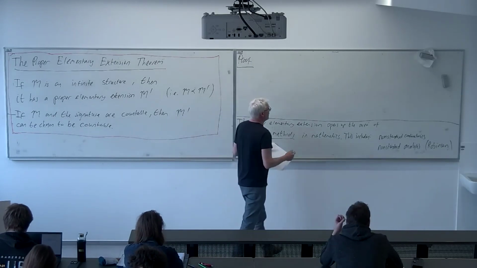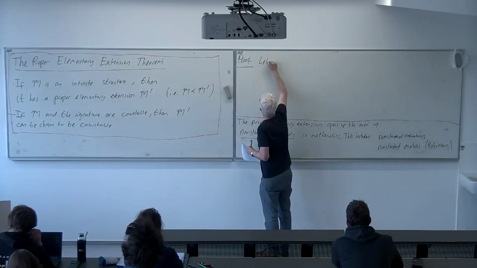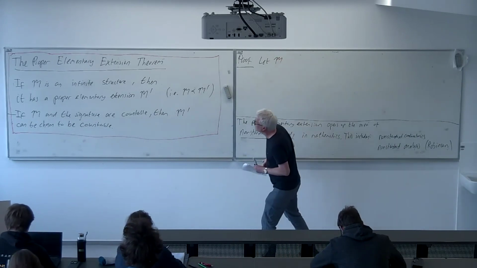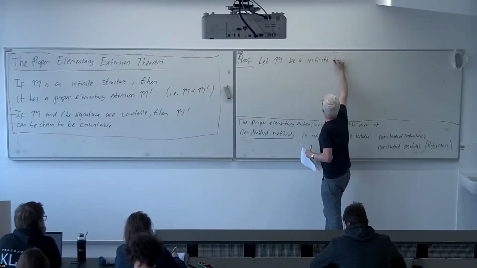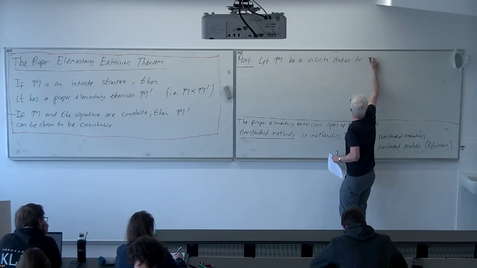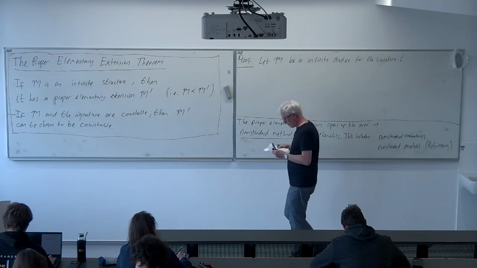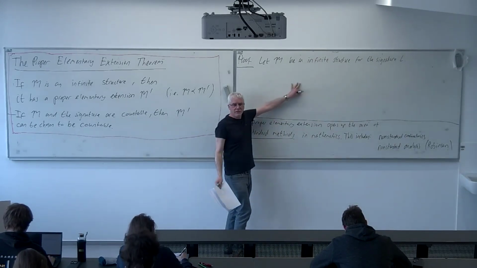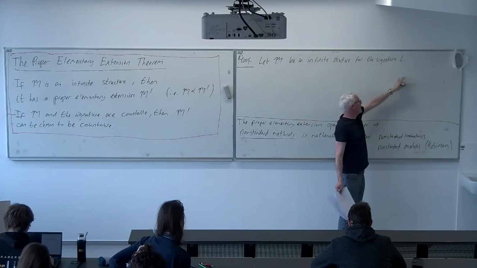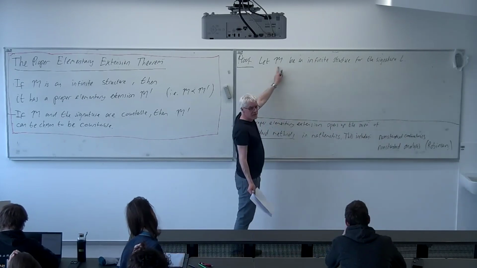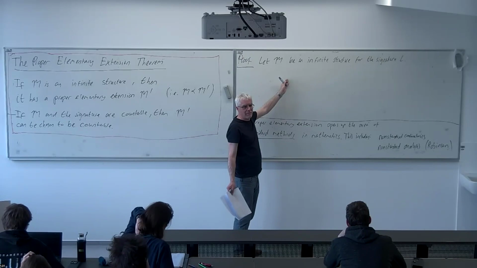Right, so we'll start off with an infinite structure M for the signature L. The basic idea is we'll expand the signature so that L contains constants for all the elements of M, and then we'll consider the logical theory that axiomatizes all the properties of M.